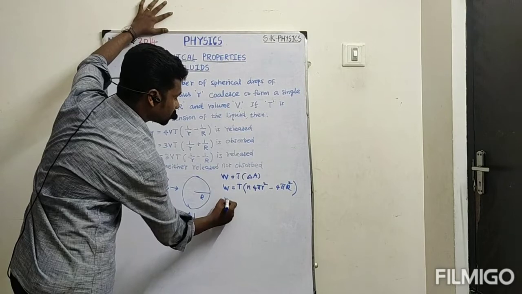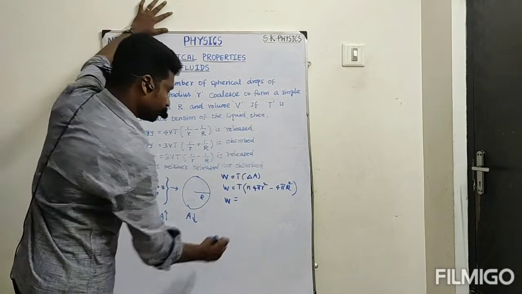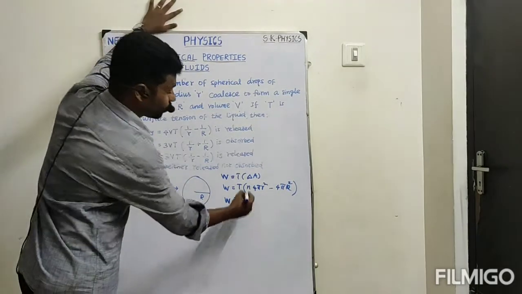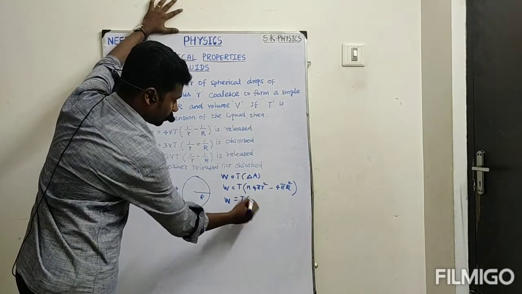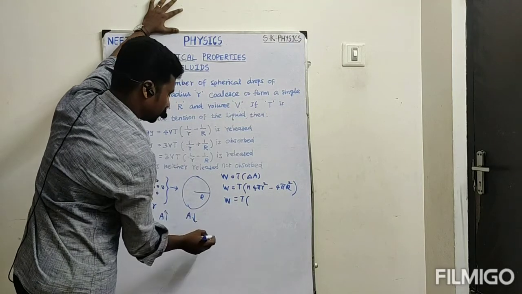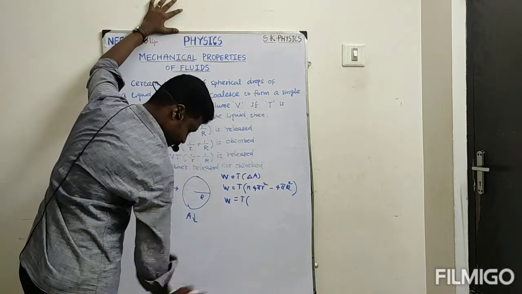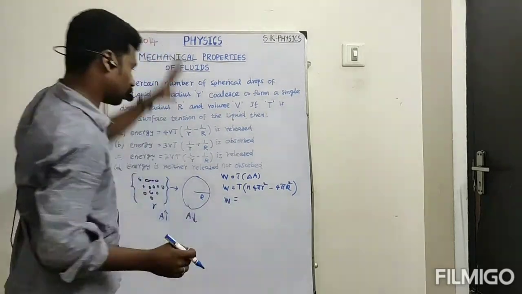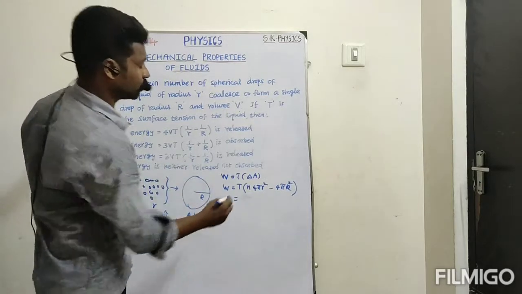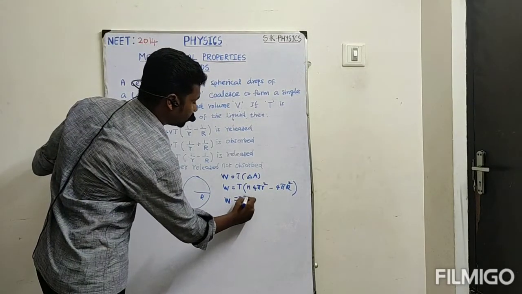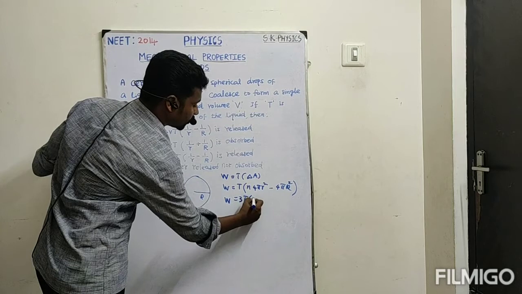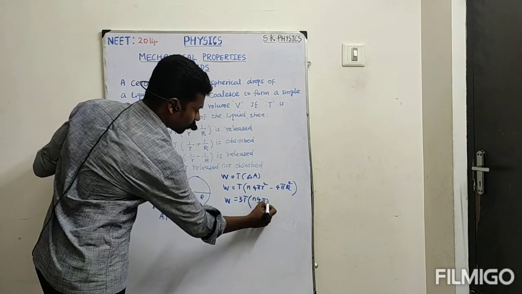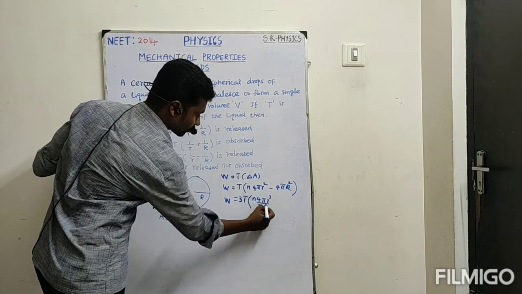So now I can write, therefore, work done is equal to T into, so now multiply and divide on both sides, because I need the volume term, because the volume should be equal, you know. So I can write here 3T, then n, 4 by 3 pi r cube, so multiply and divide by r.